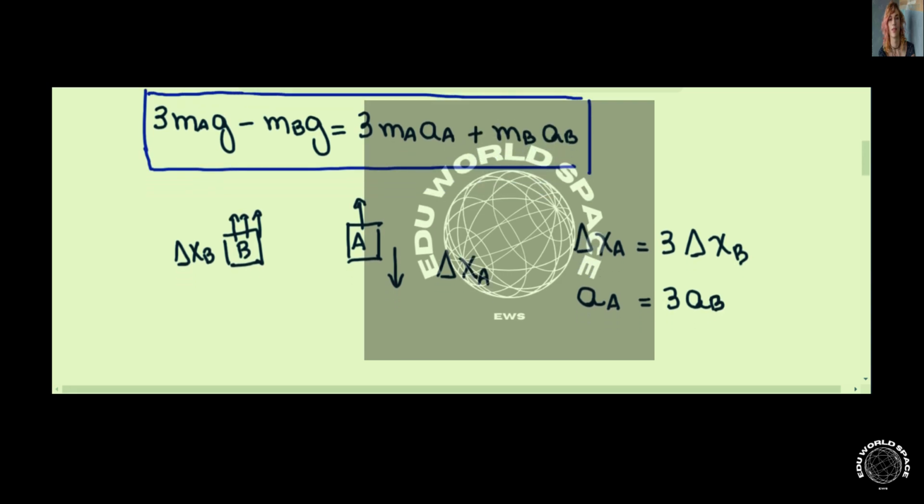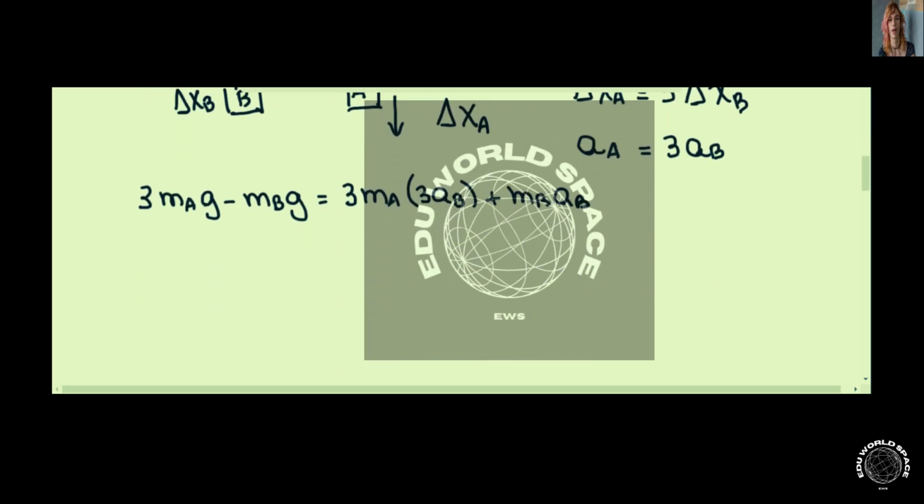Okay, so I'm going to substitute this into the equation that we had before. So we had 3 MA g minus MB g is equal to 3 MA times 3 AB plus MB AB. So we have 3 MA minus MB times g is equal to 9 MA plus MB times AB.